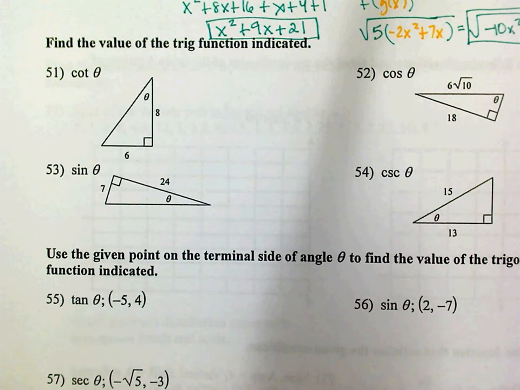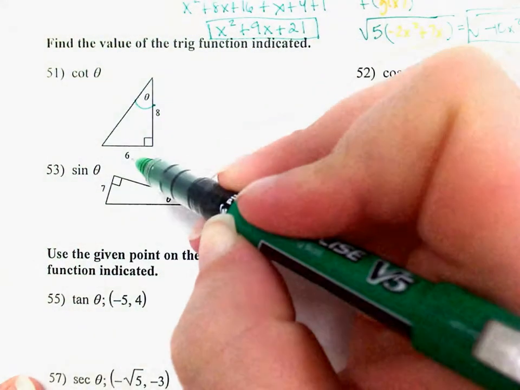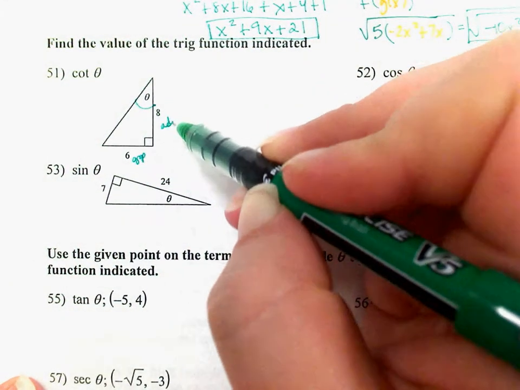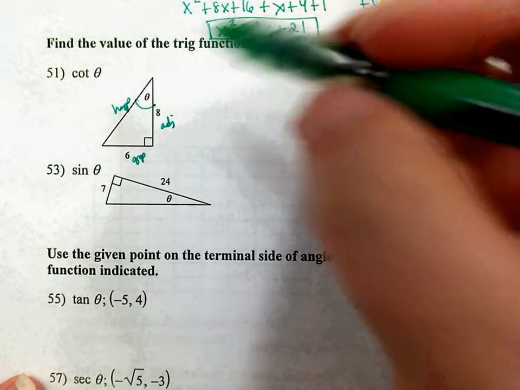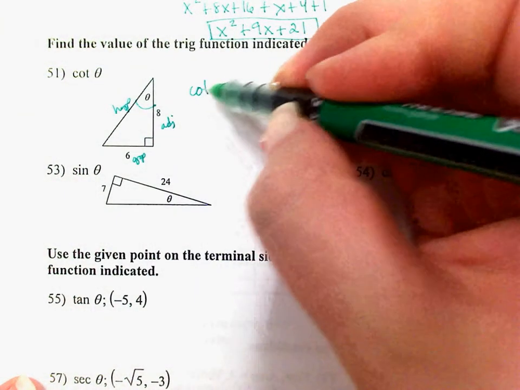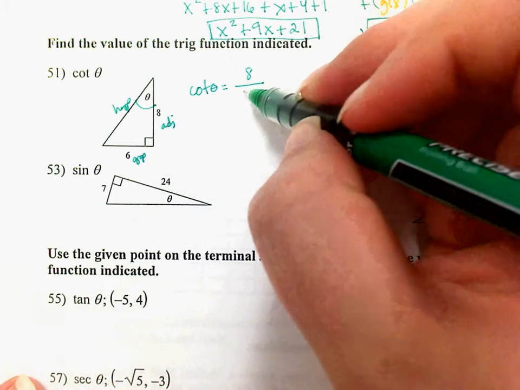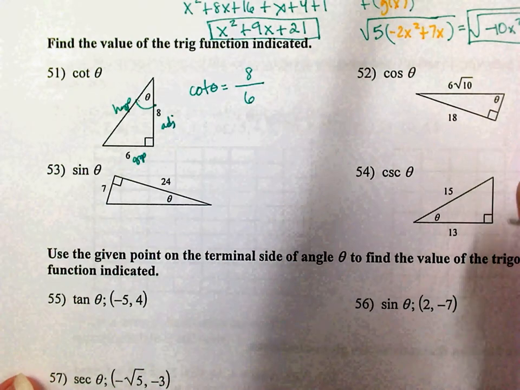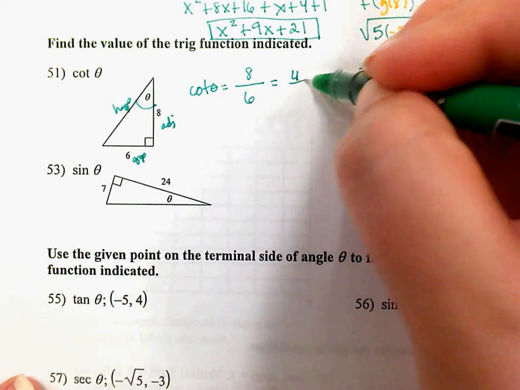If this is theta, I have opposite, I have adjacent, here's hypotenuse. Do I need hypotenuse for cotangent? Nope. So cotangent of theta is adjacent over opposite. Shall I simplify it? 8/6? And 4/3 is my answer.